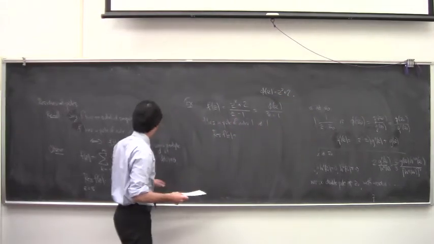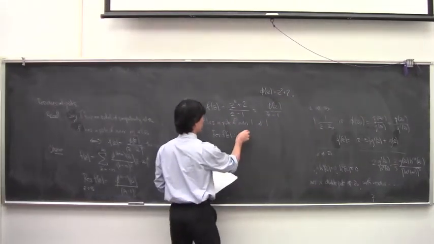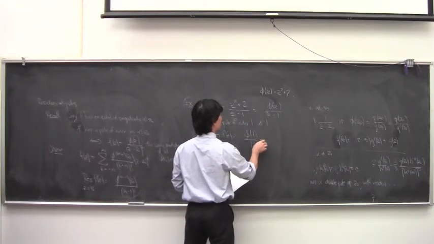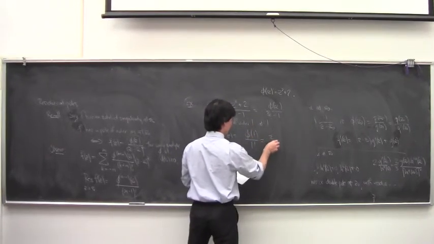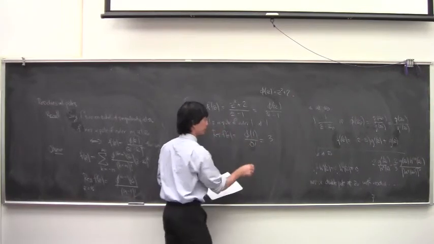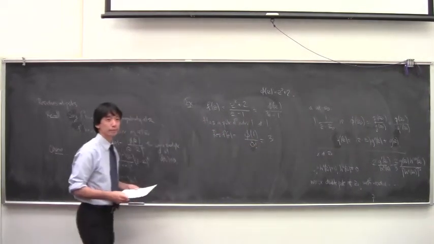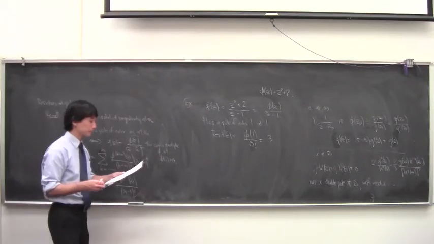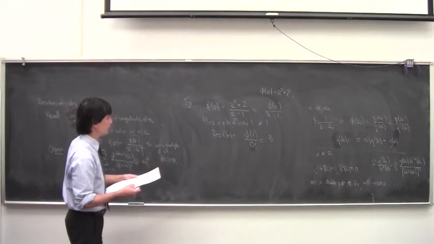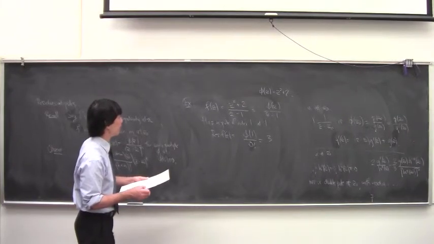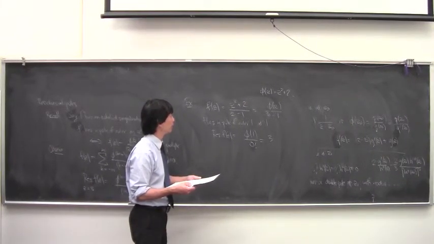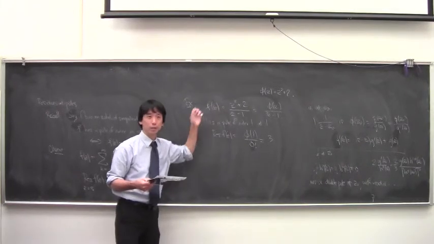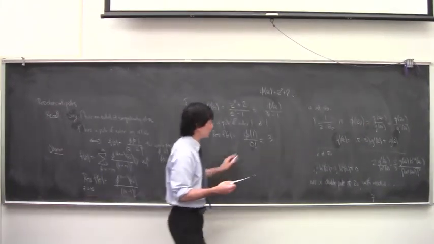The residue is just going to be phi itself evaluated at 1 over 0 factorial. So that's 3. That's maybe better than finding the Laurent expansion and working it out.